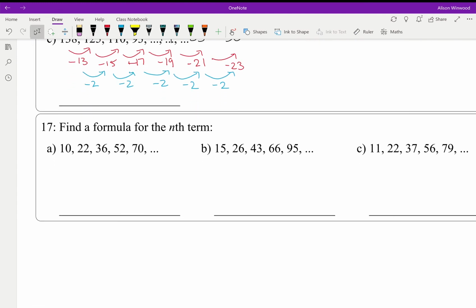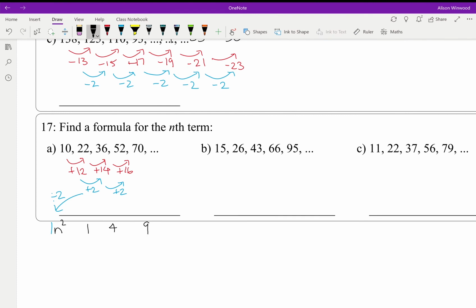17 is the hardest question. Feel free to skip it. So it's gone up by 12, 14, 16. So these are going up by 2. Half of 2 is 1. So I want 1 times the square numbers, which are 1, 4, 9.